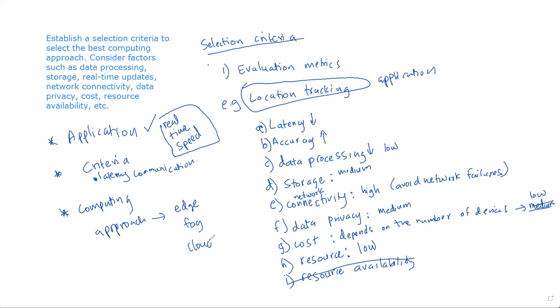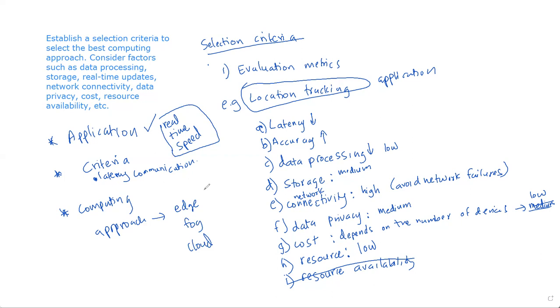Out of these three, you can select which one is best for your application based on the criteria that you decided earlier. In the criteria, you said that you need low latency. In that case, what is the computing approach that has the lowest latency?